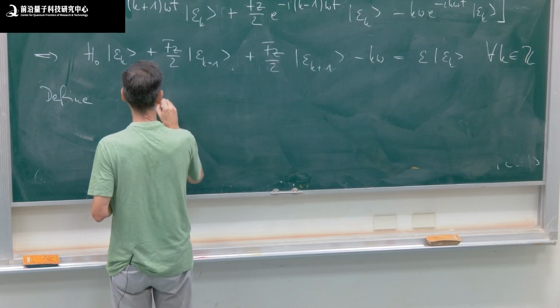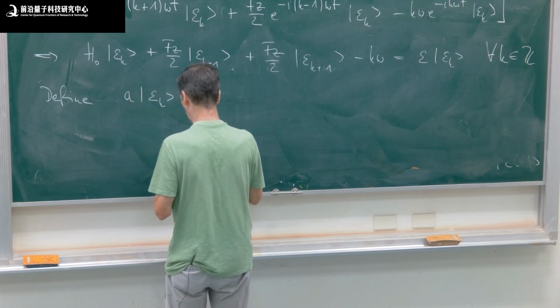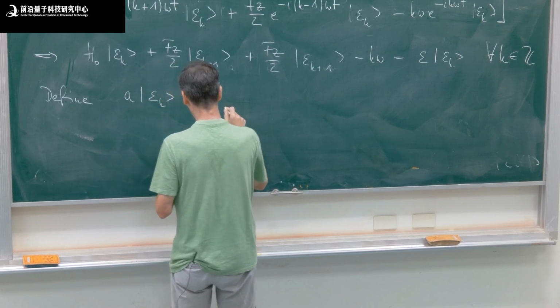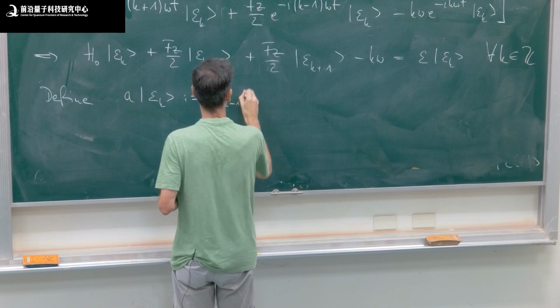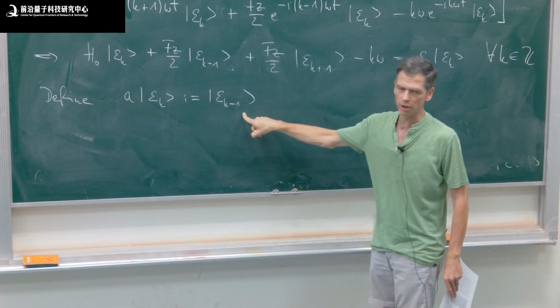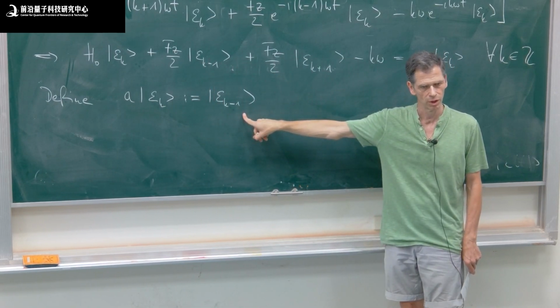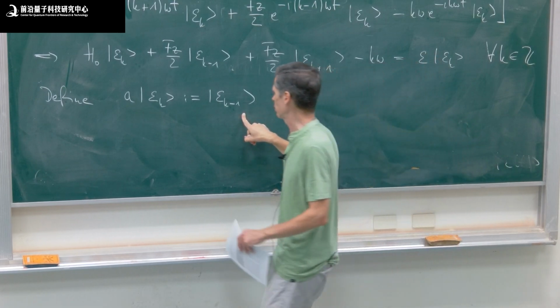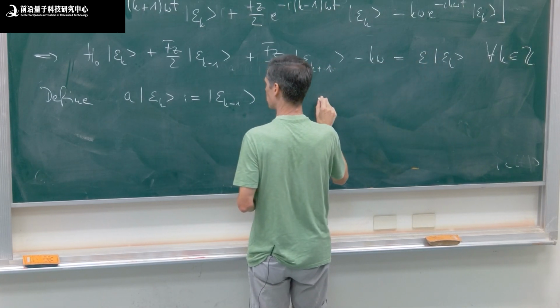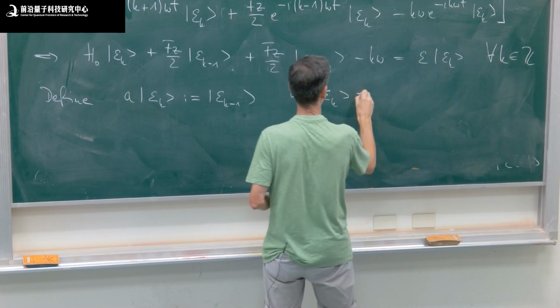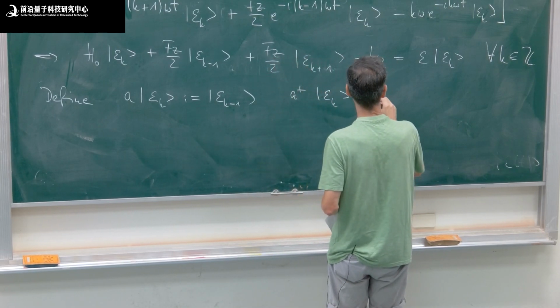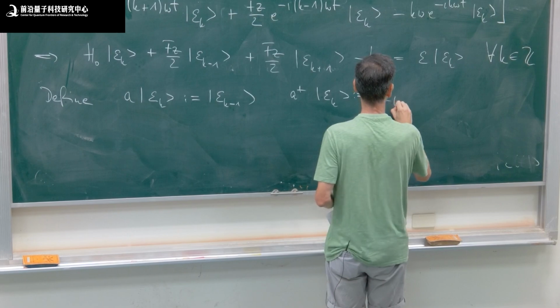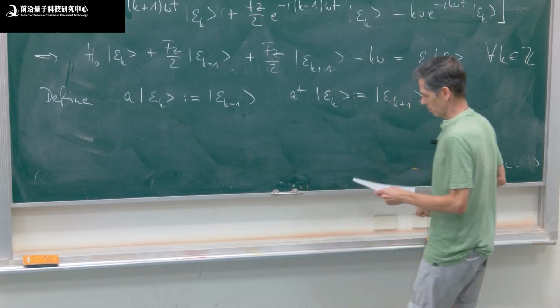So I define A acting upon epsilon k to give me epsilon k minus 1, so to lower the expansion coefficient in the Fourier representation of the Floquet eigenstates by 1, right? And A dagger acting upon epsilon k such as to increase the expansion coefficient by 1, like this, right?